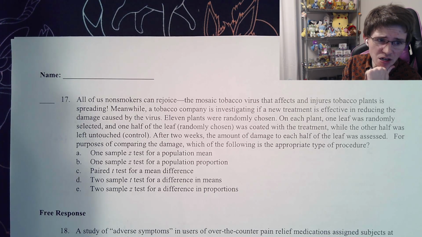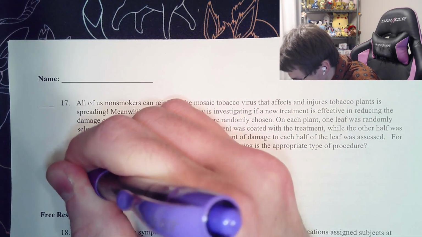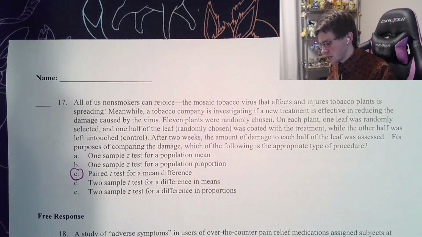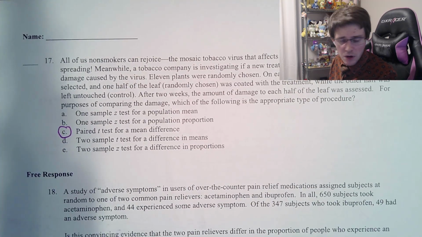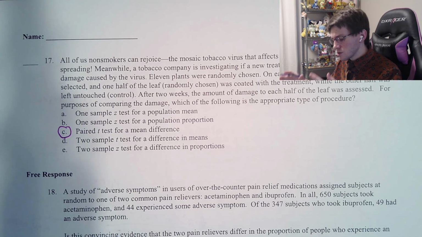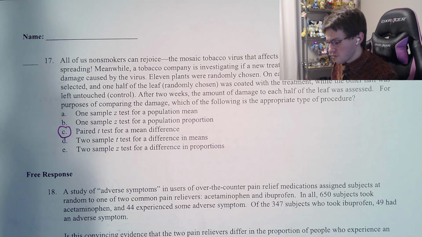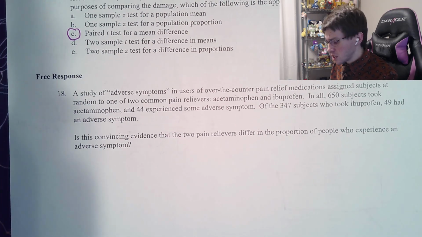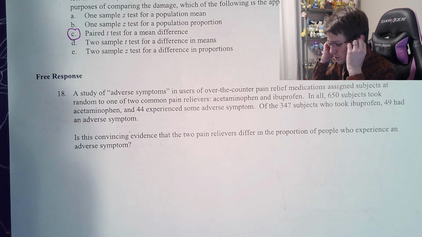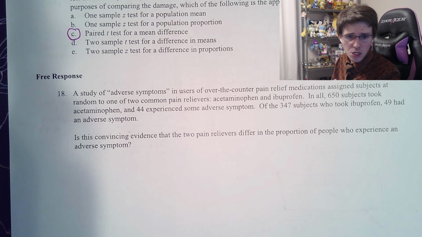This is a paired t-test because you're using the same thing on both sides. And yeah, let's actually do our free responses. Here, is there convincing evidence? We need to make sure we always have our four parts to our convincing evidence situation, just in case you are coming in from somewhere else or you weren't taking notes. The four parts are always the same.